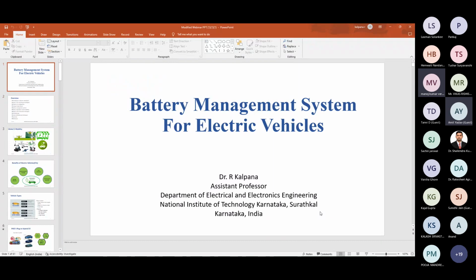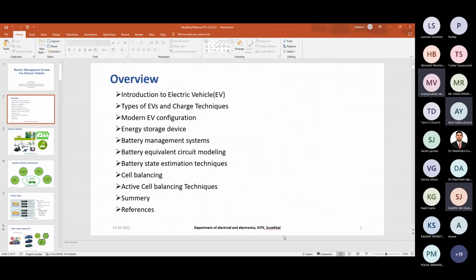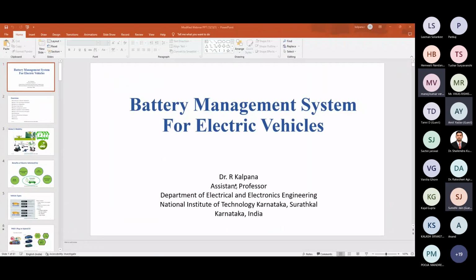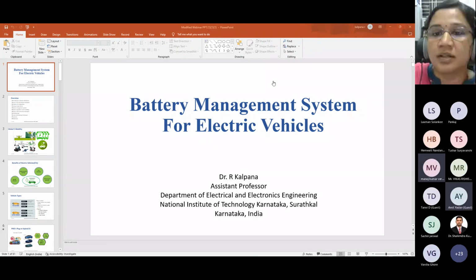I think voice is not there. Go to first slide. Yes, now the slide is visible, but voice is not there. You can go to full screen mode and unmute yourself.